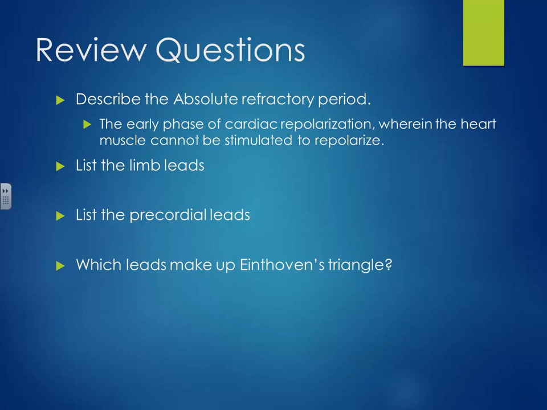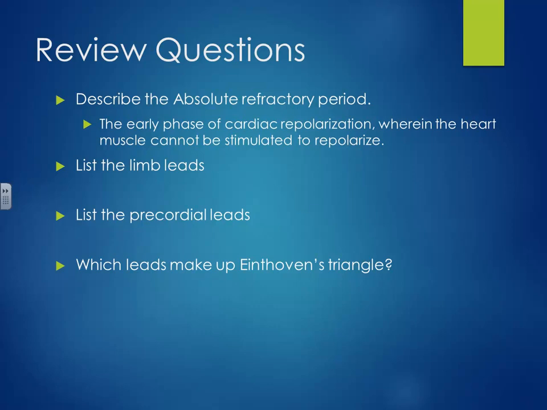It's the early phase of cardiac repolarization. The heart muscle cannot be stimulated to repolarize. So no outside force can act on it. You've got the relative refractory period. The relative refractory period is the late stage of cardiac repolarization, but it can receive a stimulus.